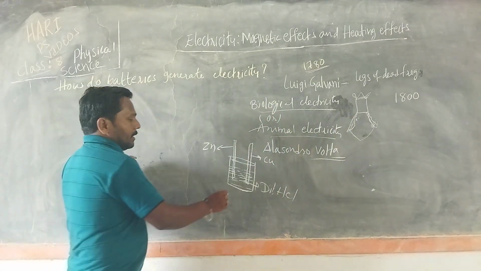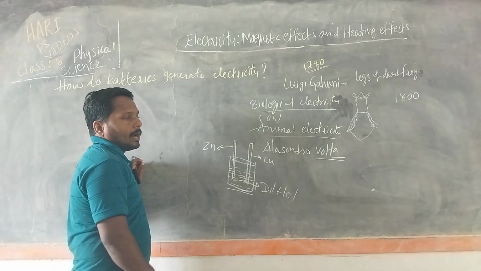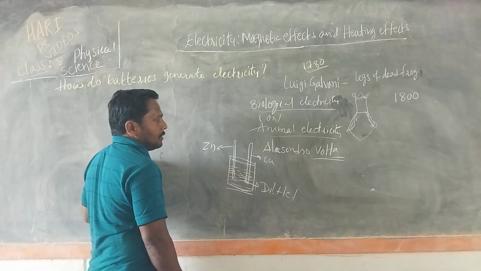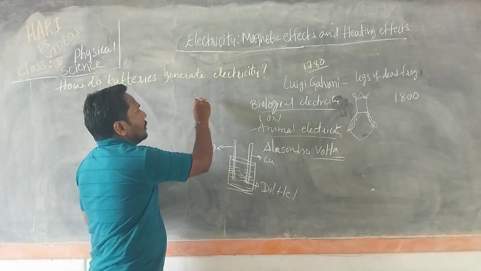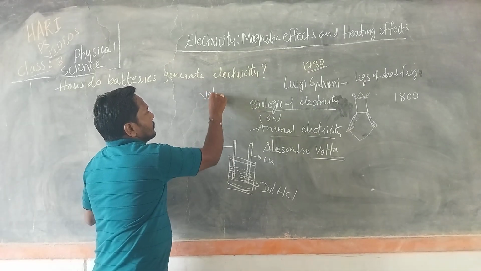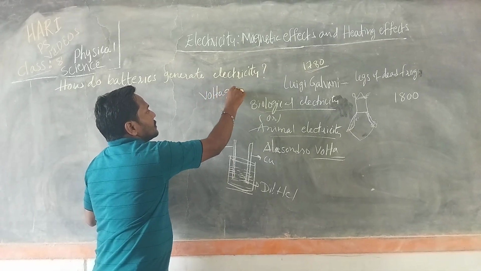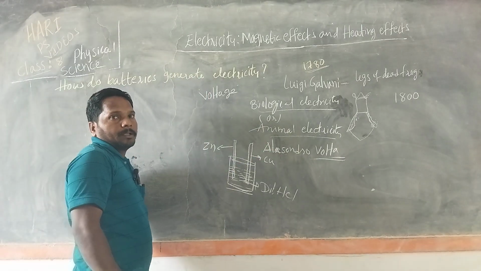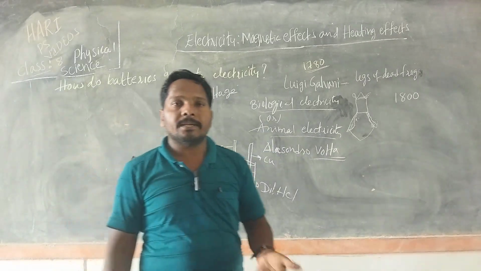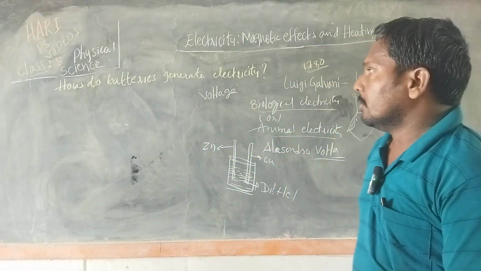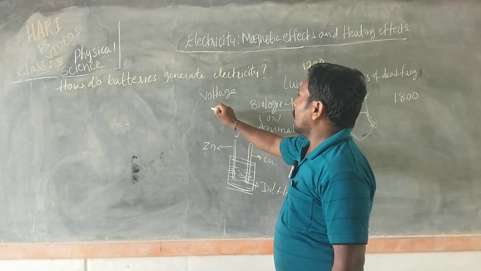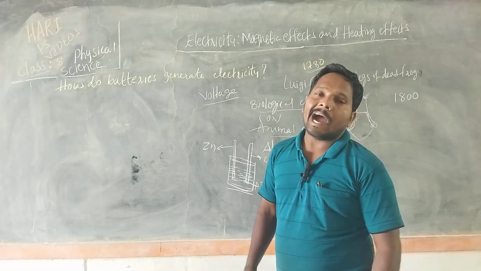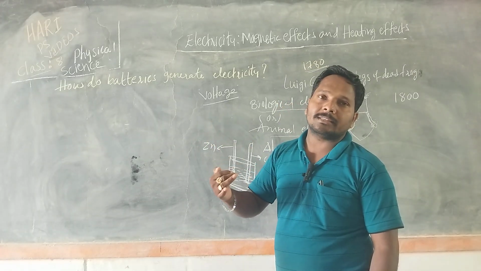That's why, in honor of Alexander Volta, we use the term voltage. We can call it the potential difference. Sometimes you can say the power of current is voltage, high voltage of current, low voltage of current.